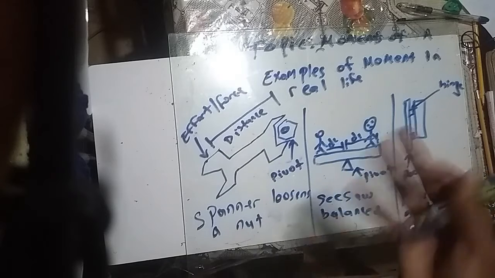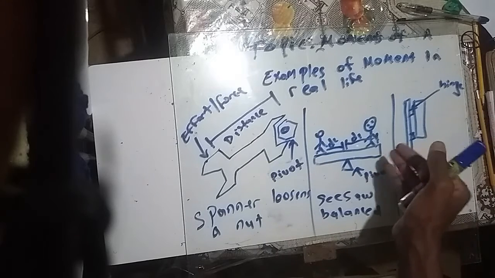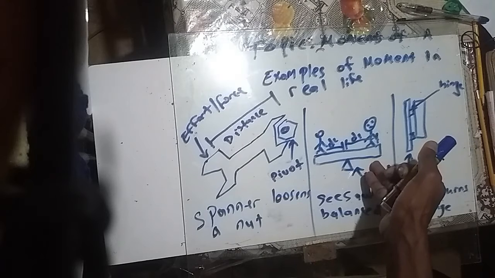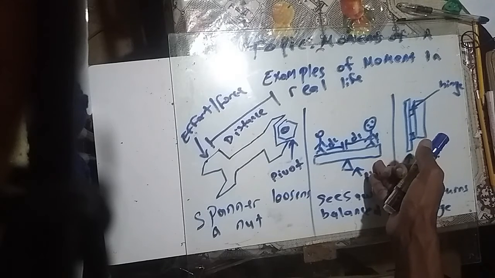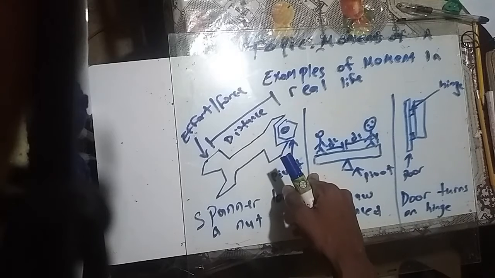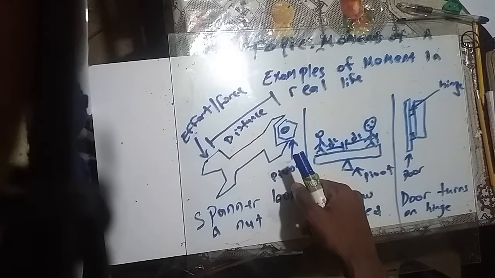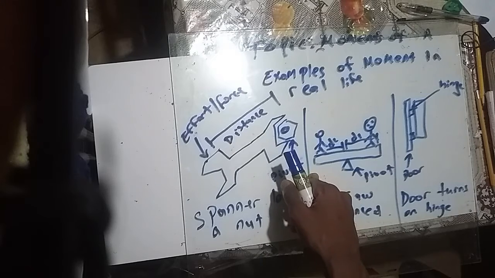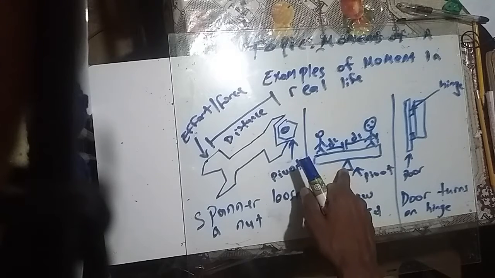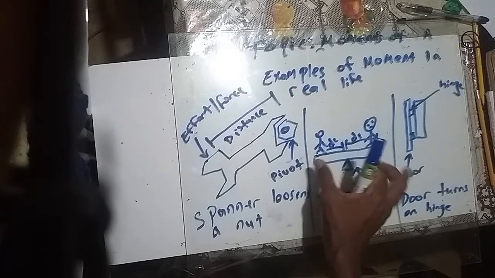We're going to go into that more. Over on the right hand side, you will have clockwise movement. Over on the left hand side, you will always have anti-clockwise movement. The pivot is right there, at the base, where the seesaw is balanced.